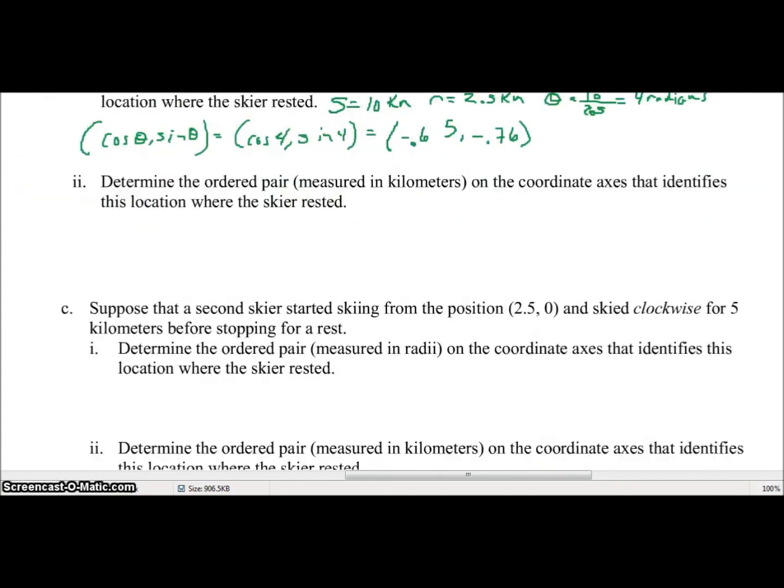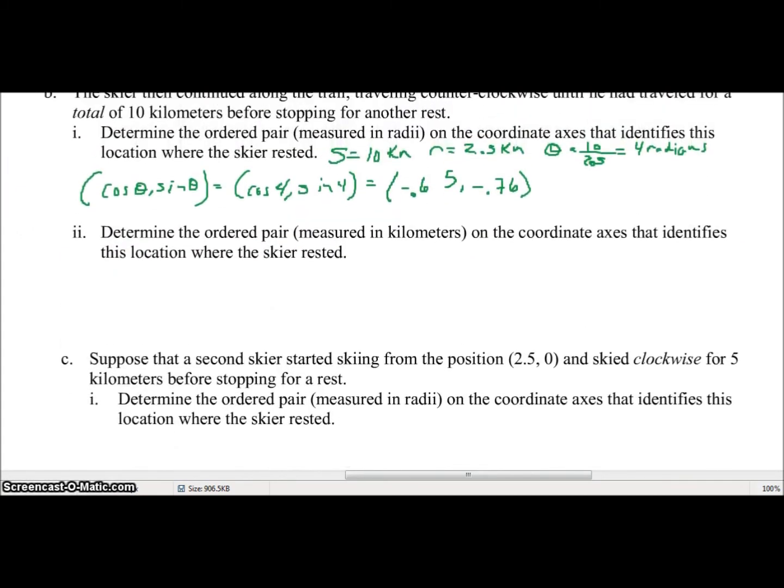And so then, if we want the ordered pair in kilometers, we just multiply each of those values by the radius, so 2.5 cosine theta, 2.5 sine theta.